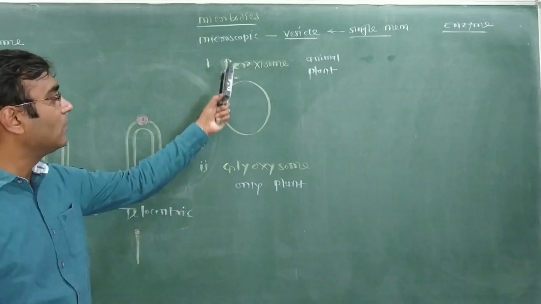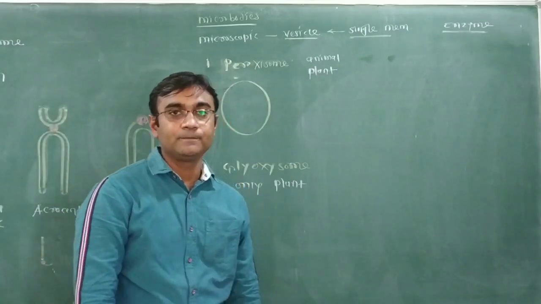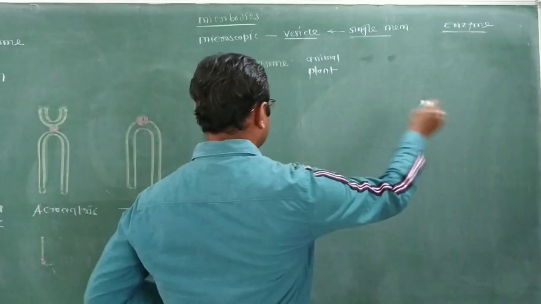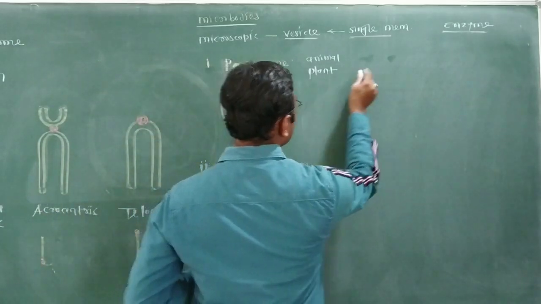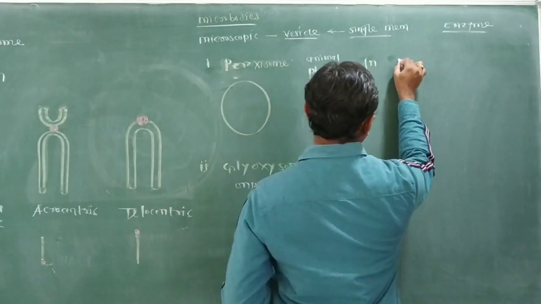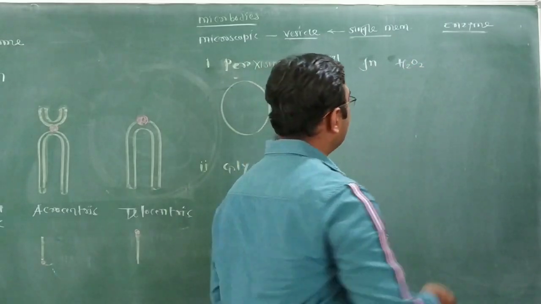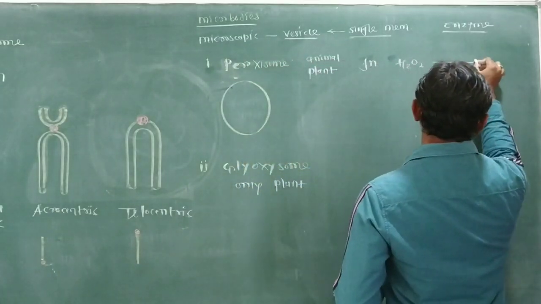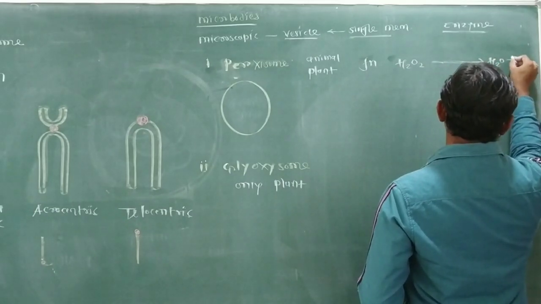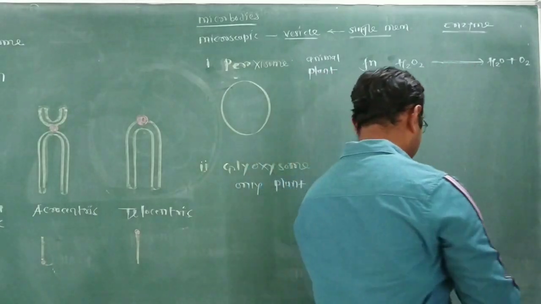First we discuss the peroxisome. It is present in animal as well as plant cells, filled with enzymes associated with specific activity. For example, the function of microbodies: H2O2, hydrogen peroxide, is converted into H2O plus oxygen with the help of the enzyme catalase.